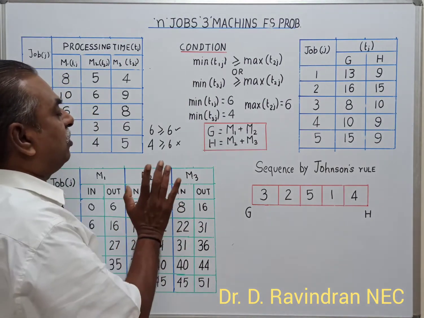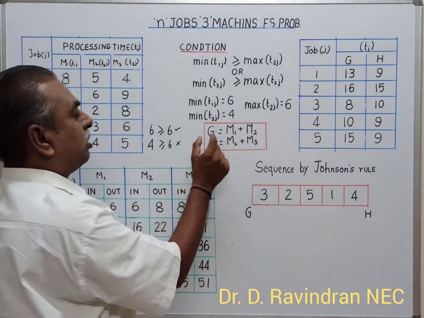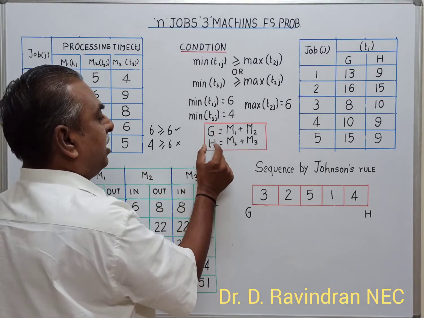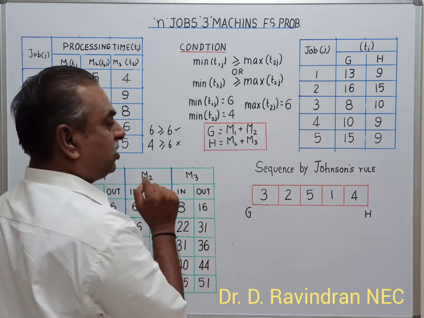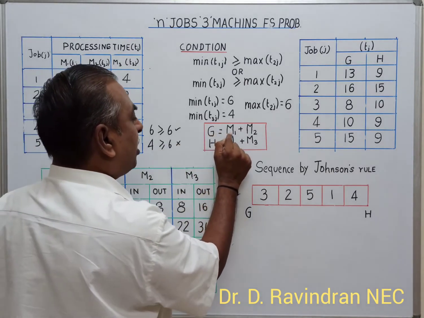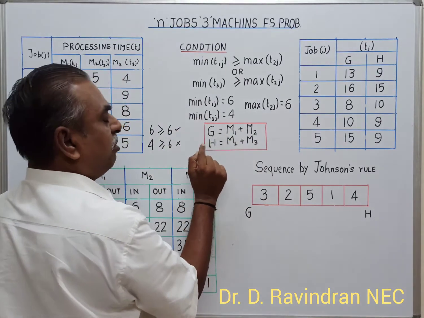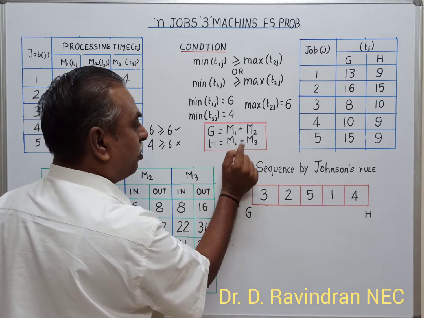So how can we find the sequence? For predicting the sequence, we are going to find some imaginary machines, G as well as H. The processing time of G will be equal to the processing time of M1 plus M2. The processing time of H will be equal to the processing time of M2 plus M3.